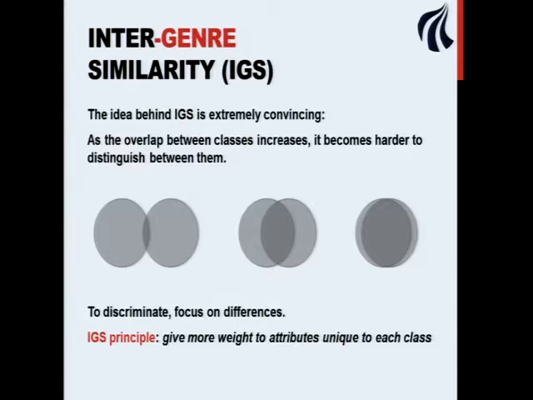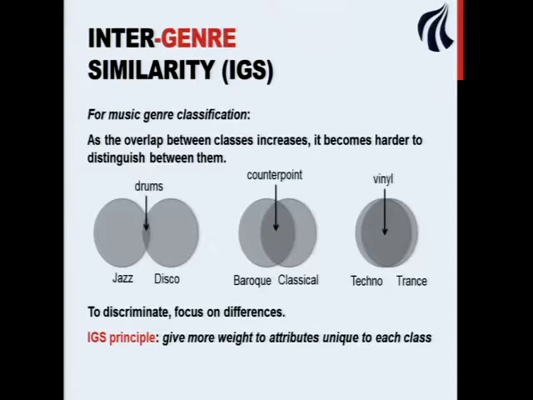So the IGS principle is to give more weight to attributes that are unique to each class in order to make the discrimination. In music genre classification, it's described as follows. We have two classes, jazz and disco. These two classes of music share drums, for instance. So don't pay attention to the drums when you're making the distinction between jazz and disco.